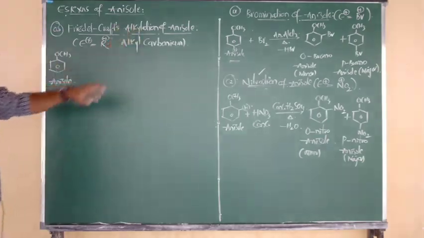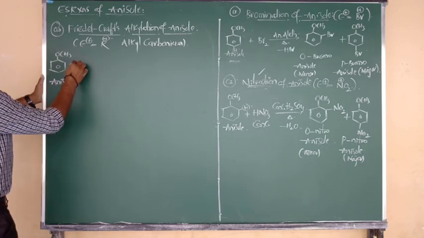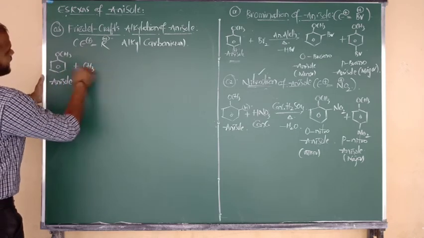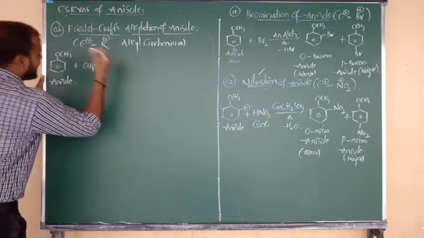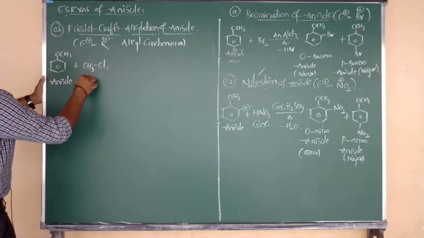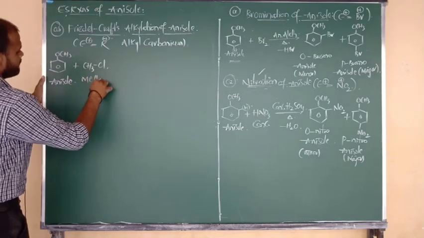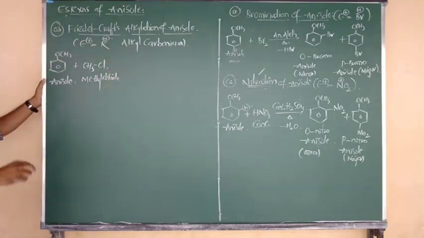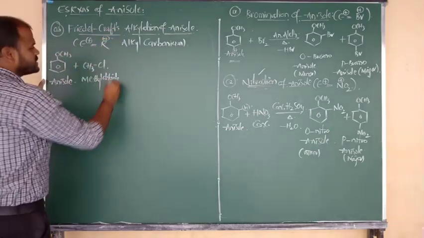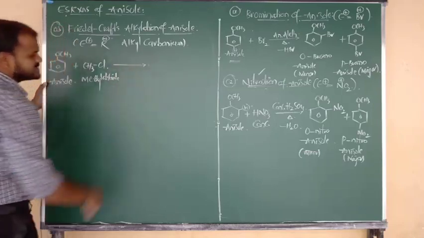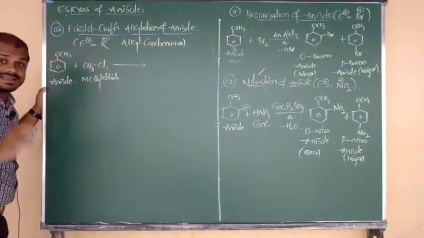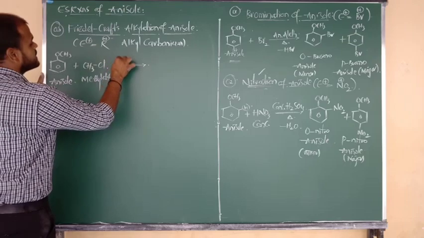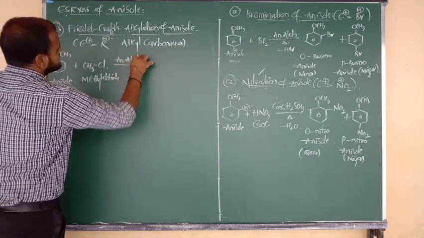So alkylation means addition of alkyl halide. First, suppose I consider the example of methyl chloride: anisole upon reaction with methyl chloride. And you know very well, I hope, all Friedel-Crafts reactions take place in the presence of anhydrous AlCl3.